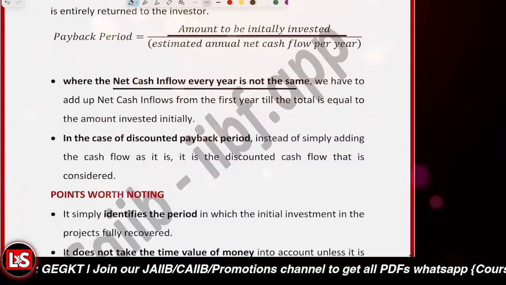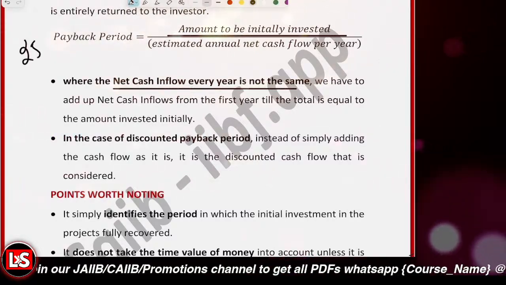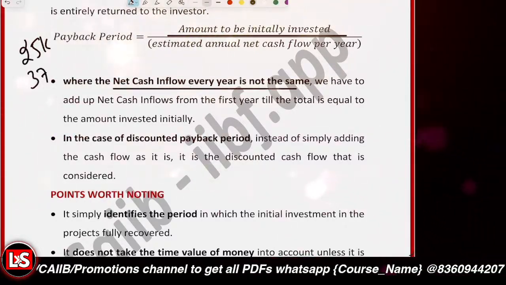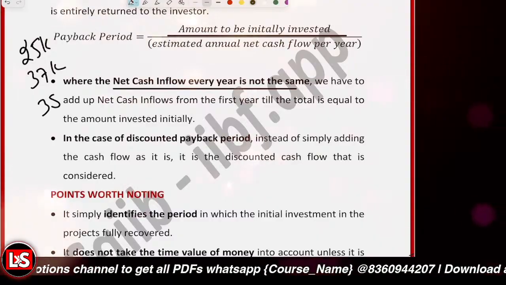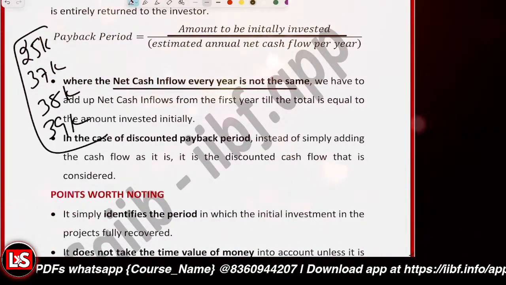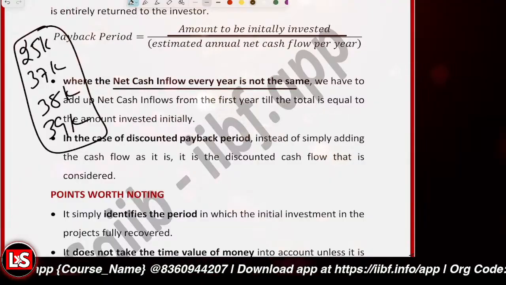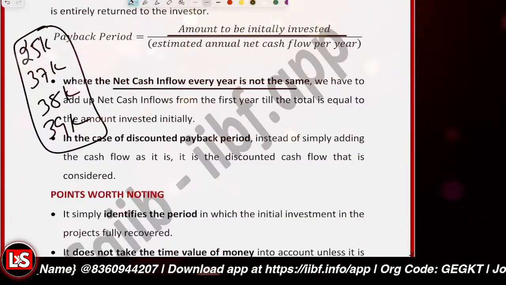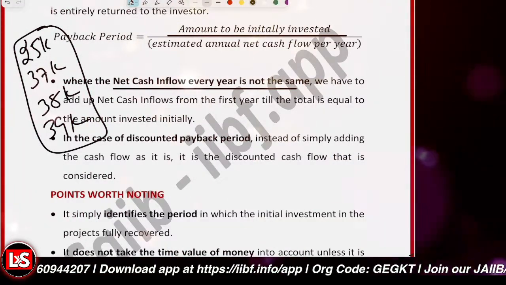Let's say you got 25,000 in the first year, 37,000 in the second year, then 38,000 in the next year, 39,000 in the other year. So how will you calculate the payback period?